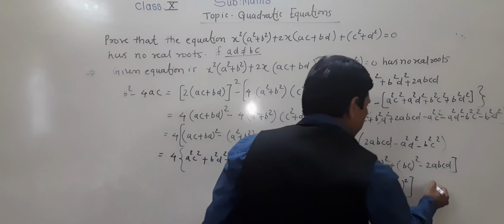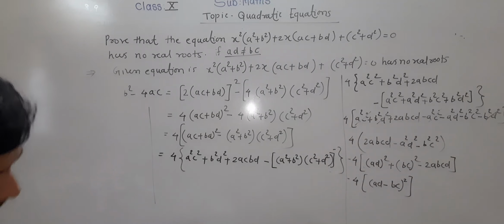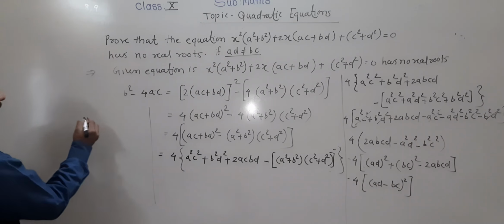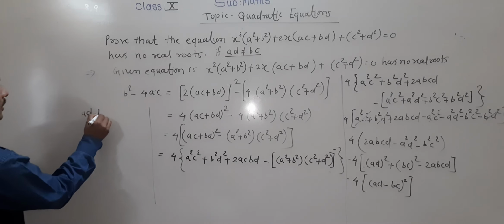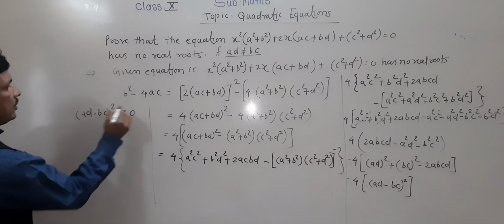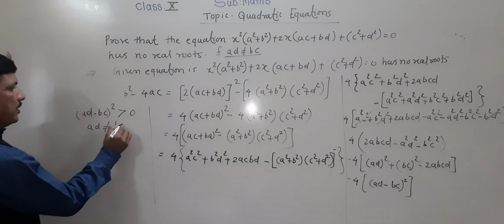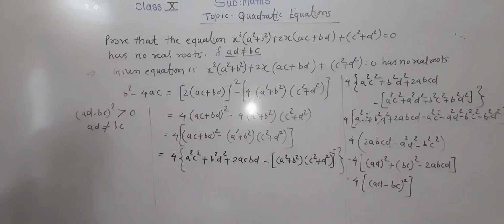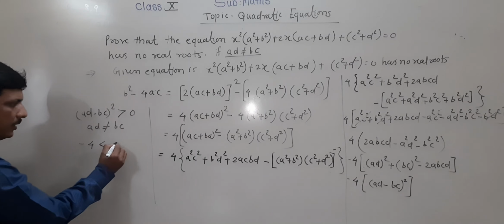So (AD minus BC) bracket square will definitely be greater than 0 because AD is not equal to BC. But minus 4 is smaller than 0.